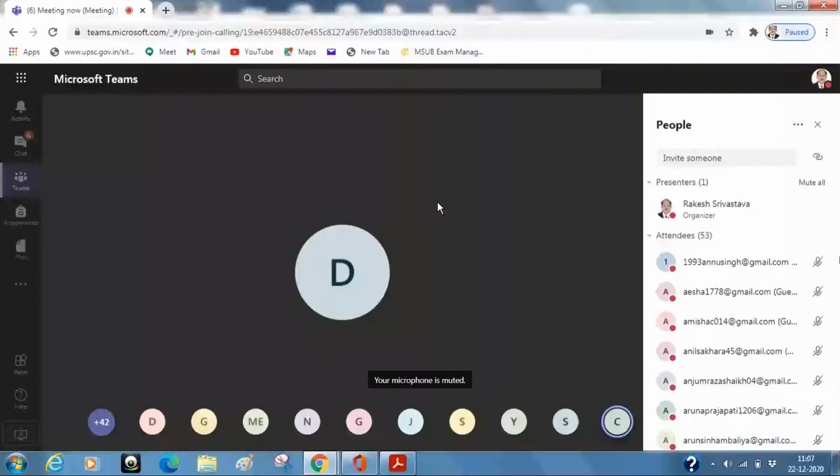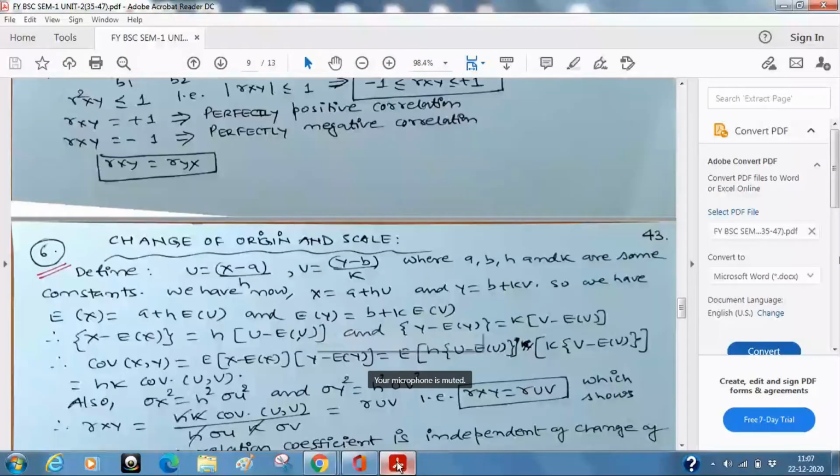So assuming that you have studied expected value, what is the expected value of x? And you know that the expected value of a constant is the constant itself. So if I run expectation on both the sides here, it will be expected value of x is equal to expected value of a plus h times expected value of u. But you know that a is a constant, h is a constant. So expectation actually will run only on the variable u because u is a variable.